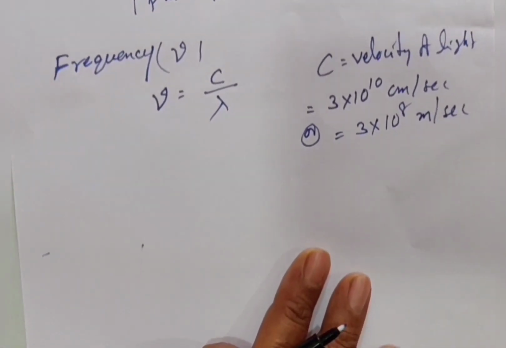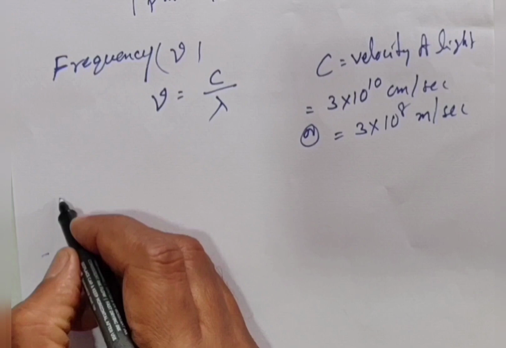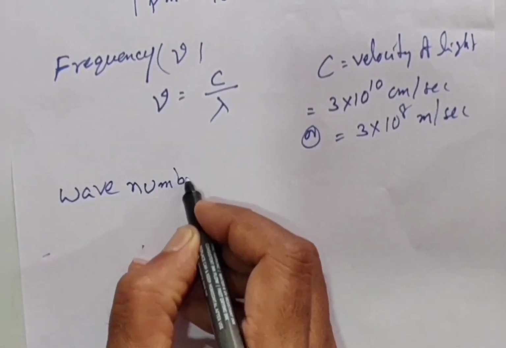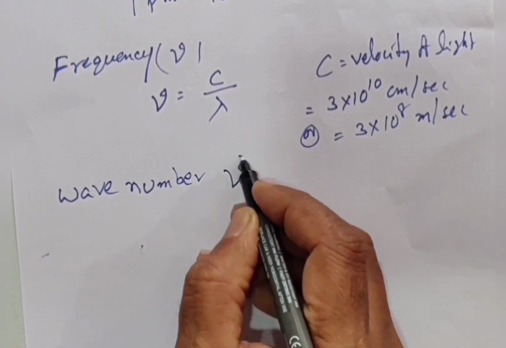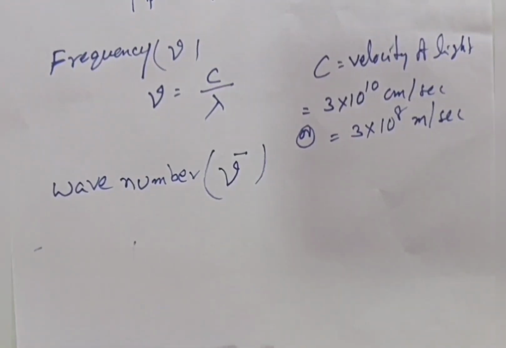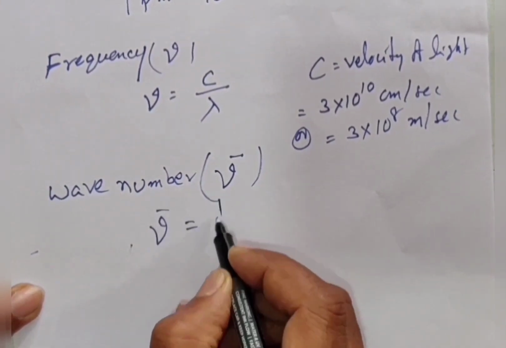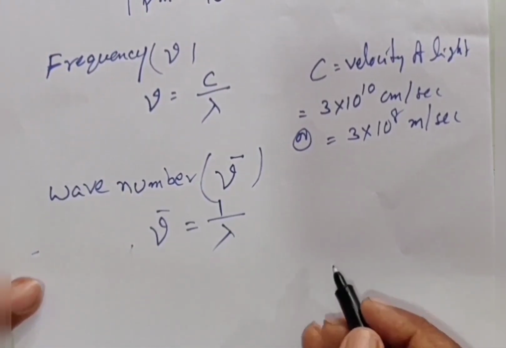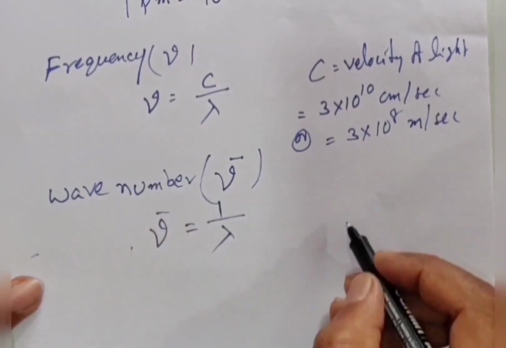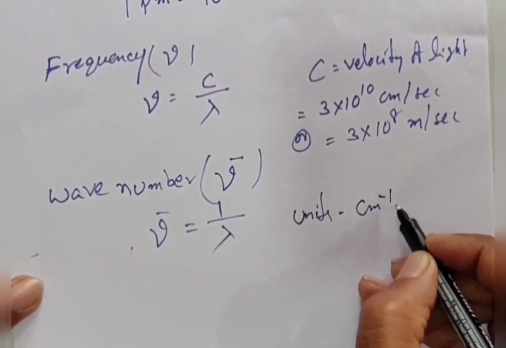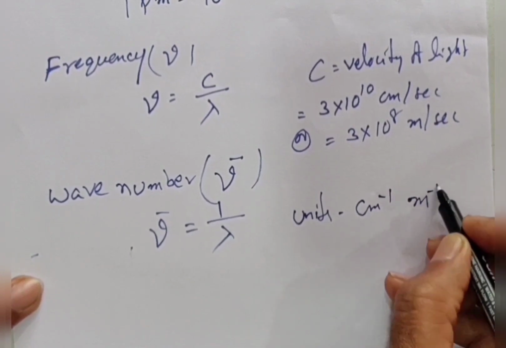Next one is wave number. It is denoted by nu bar. It is the reciprocal of wavelength. Its units are centimeter inverse and meter inverse.